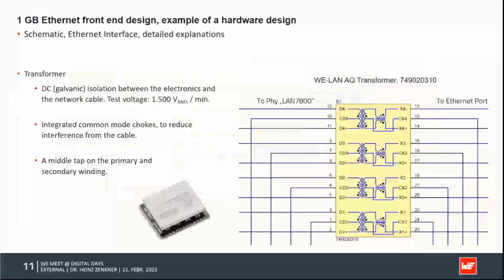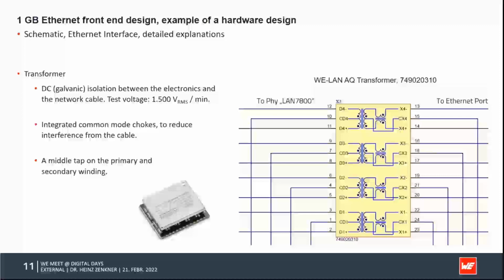The Ethernet transformer we have here is called LANAQ. It is a machine-produced Ethernet transformer with a very high and stable quality over the whole period of production. According to the IEEE standard, it has galvanic isolation which has to withstand a test voltage of 1500 volts RMS within 1 minute.